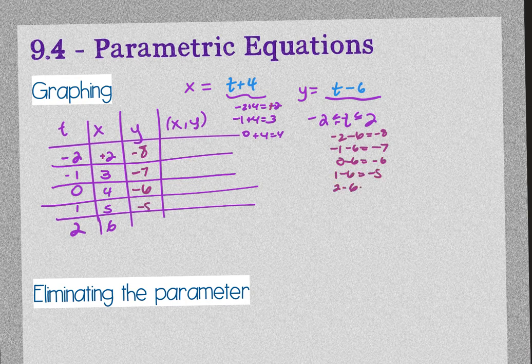And 2 minus 6, which is -4. And then you put those two together to get the coordinates that you're going to plot on your axis. So 2, -8; 3, -7; 4, -6; 5, -5; and 6, -4.